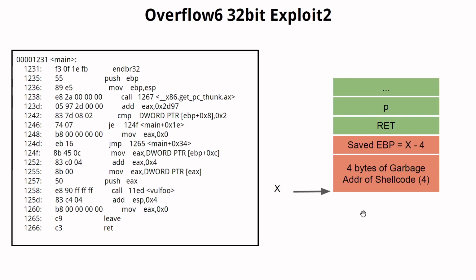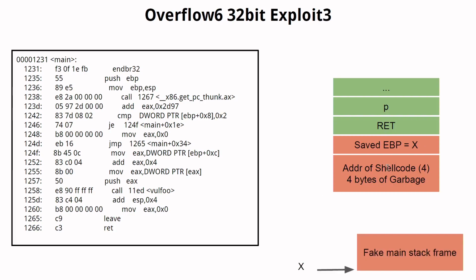We do not have the ability to override that, but no one uses it. Then 4 bytes higher will have the return address. Now we have the ability to override that, so we put the shellcode address here. Then 4 bytes no one uses, then there will be 4 bytes of garbage there, right? So that's the second approach.